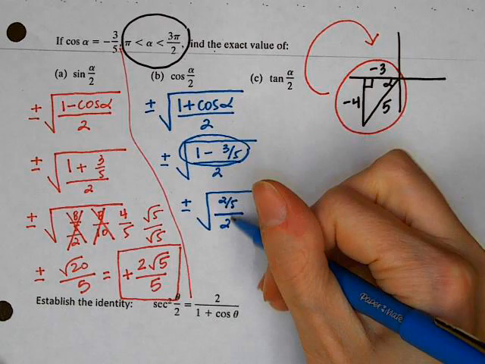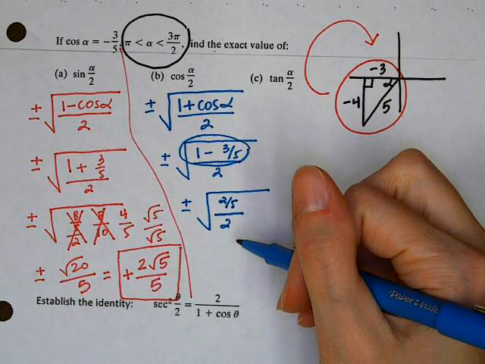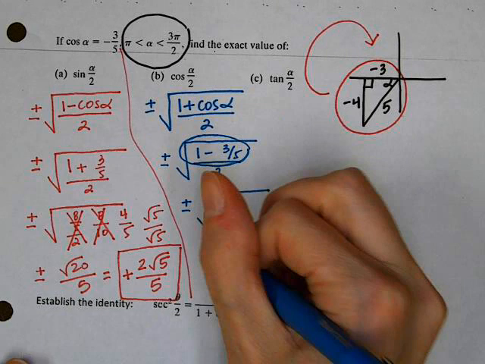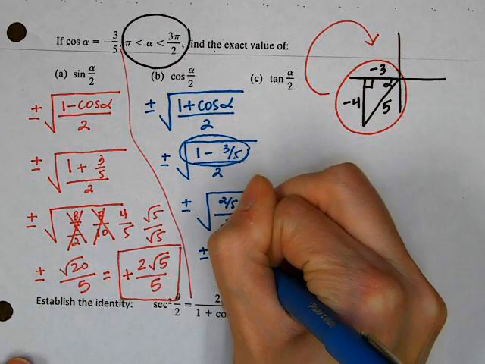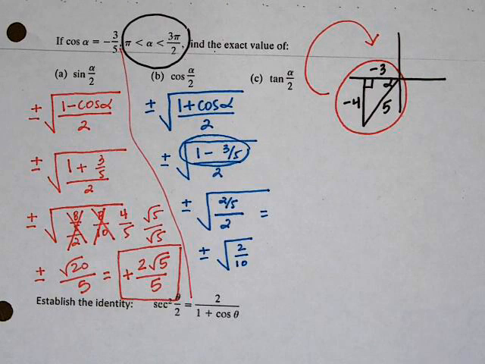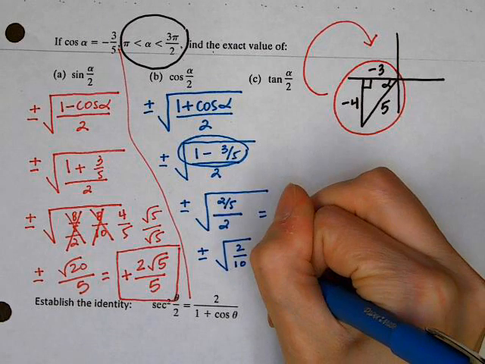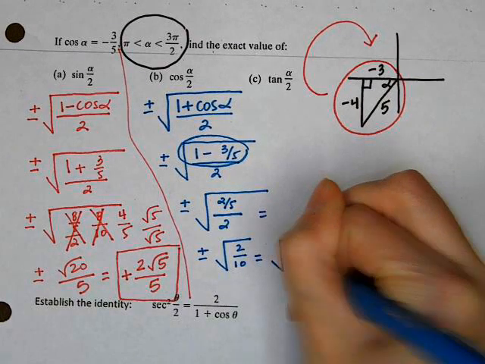But what's 2/5 divided by 2? That's 2/10. So this is really plus or minus the square root of 2/10. But if you reduce that, that's really the square root of 1/5.